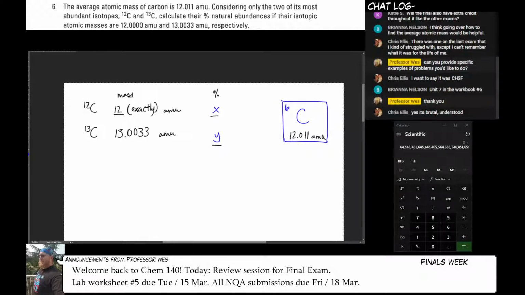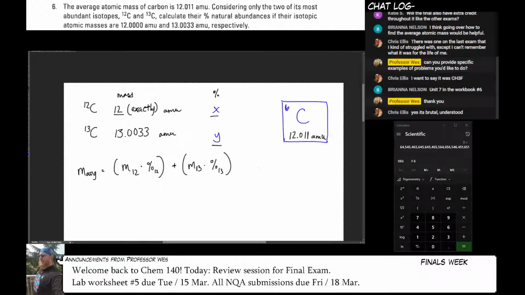So the formula for the average mass is equal to the mass of our first isotope times its percent, plus the mass of our other isotope times its percent.